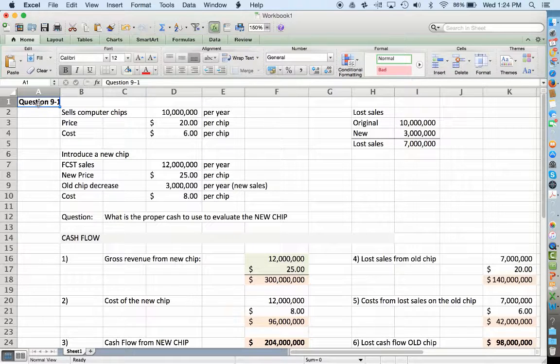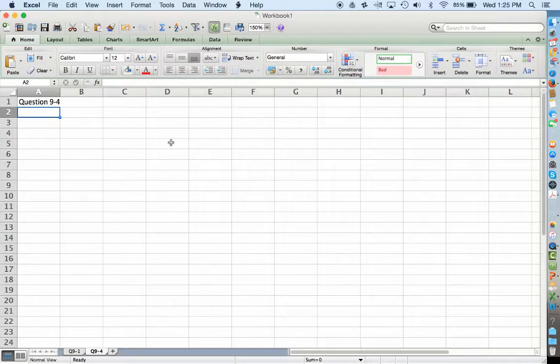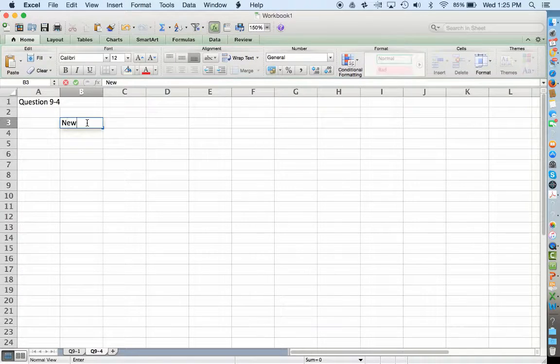Okay, so let's look at number 4. In this problem, we have a new project, and it's going to generate sales of 74 million. That's total sales, because it's got dollar values.